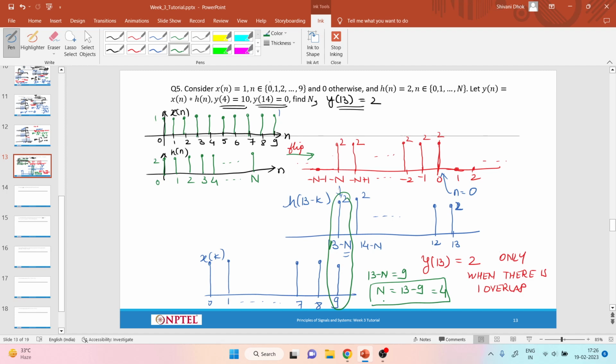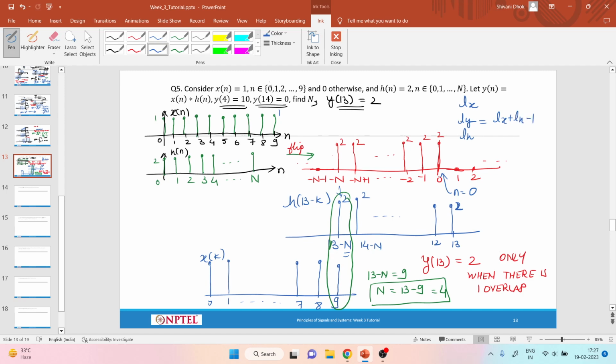Now we can check this in two ways. The first thing is, in the previous lecture we have seen that if Lx is the length of your signal x, Ly is the length of your signal y, and Lh is the length of your impulse response, then Ly is Lx plus Lh minus 1.